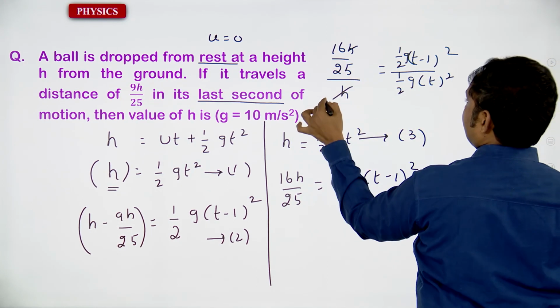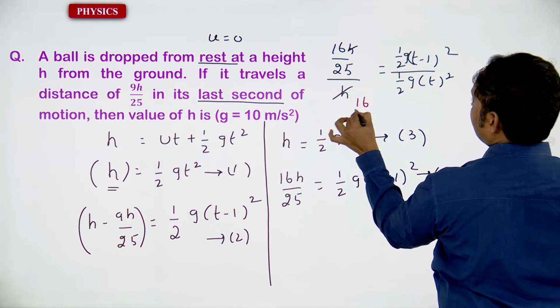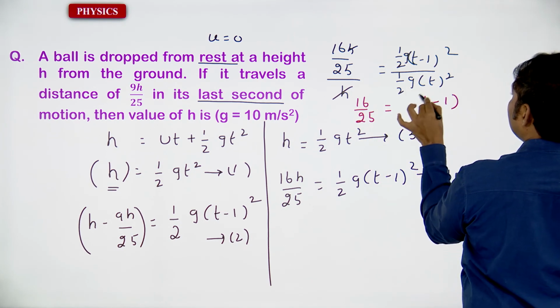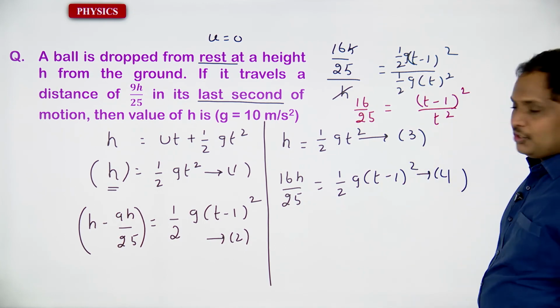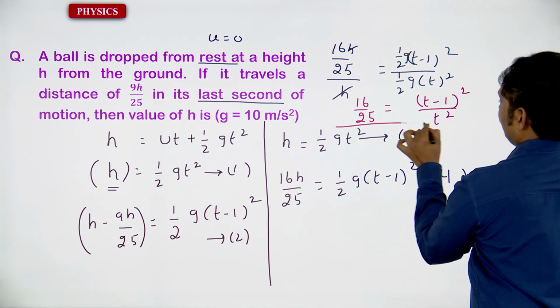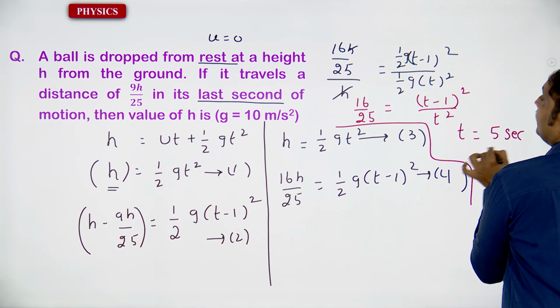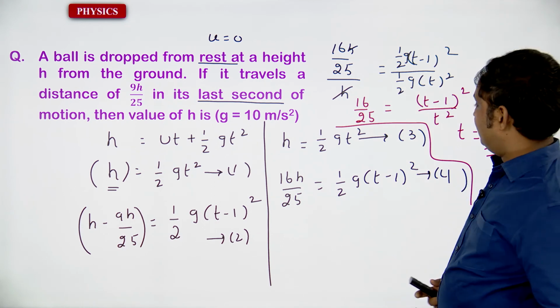So you will get 16 by 25 is equal to (t minus 1) whole square by t square. Easily you will guess the value: t is equal to 5 seconds. All right, it's very clear.